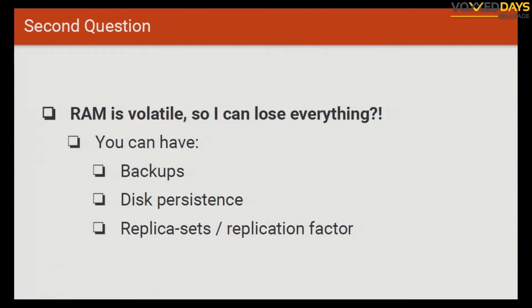So every write that goes to the server memory will also be written on a disk. Of course, this will affect the performance. Writing on a disk, we know it's slower, but at least now you know that every operation will also be saved on the disk.